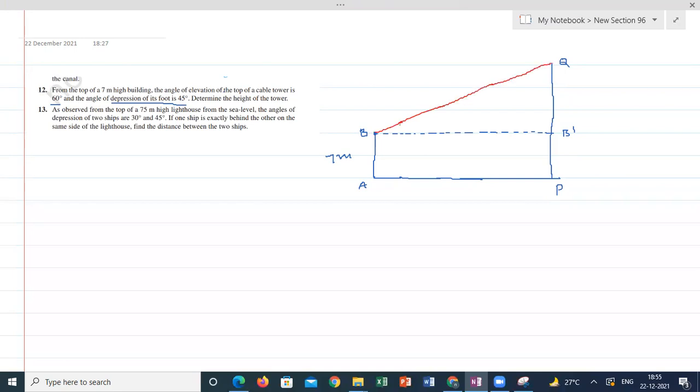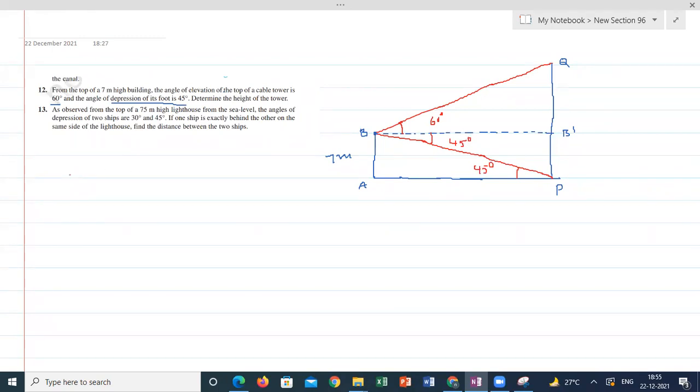So he is observing from the top of the building to the top of the tower with an angle of 60 degrees, and the angle of depression is 45 degrees. That means this angle is also 45 from the transversal lines concept. B dash is parallel to AP, straight away you can take.